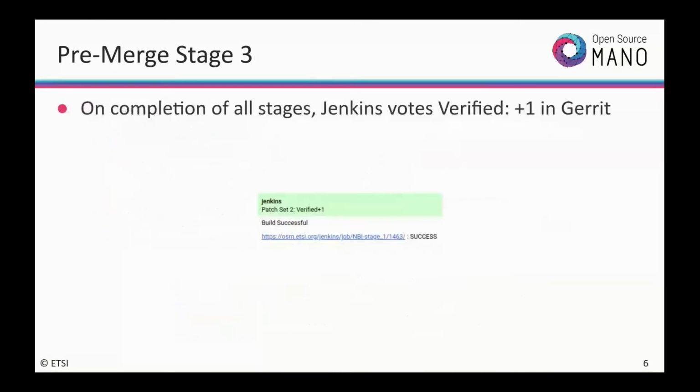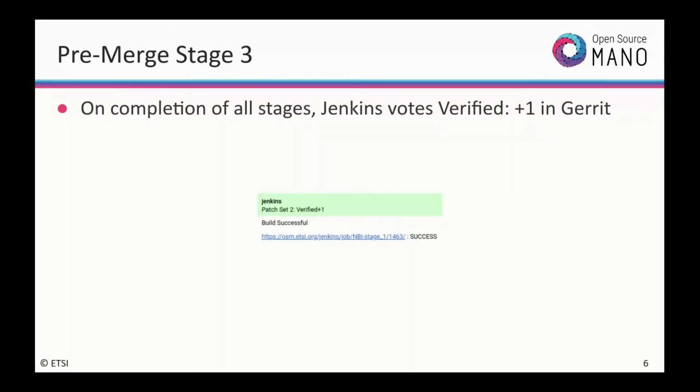Then, on completion of all of the stages, Jenkins will vote +1 on the verified tag in Jenkins. So you can see here, the patch set has got a verified +1 on it. If any of the previous steps fail, you're missing a license, code was improperly formatted, a unit test failed, the Docker images couldn't be built due to some sort of dependency issue.